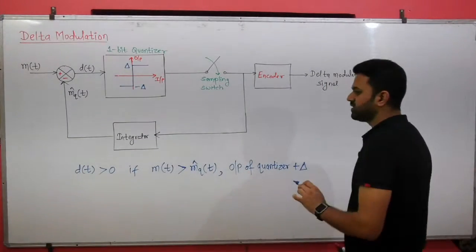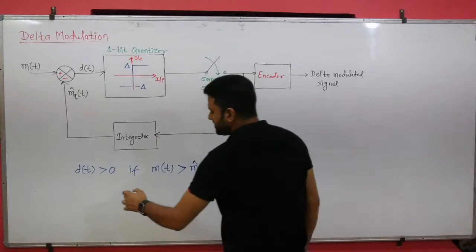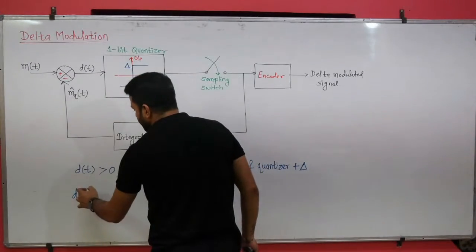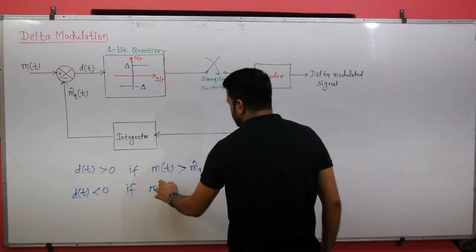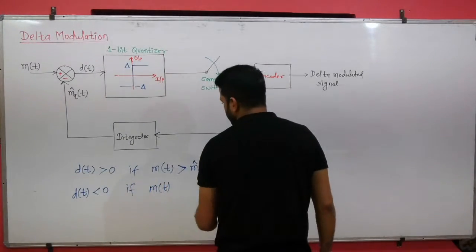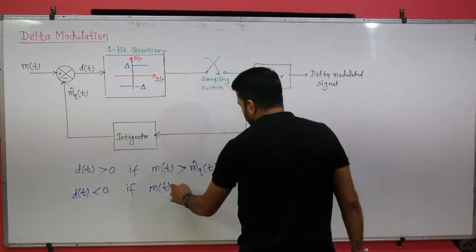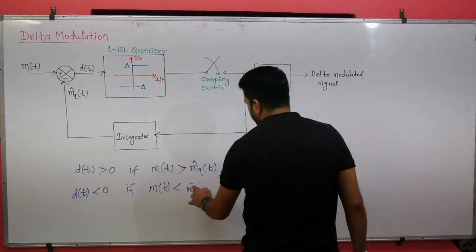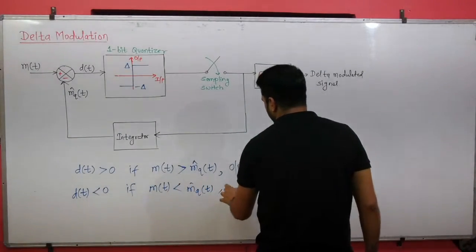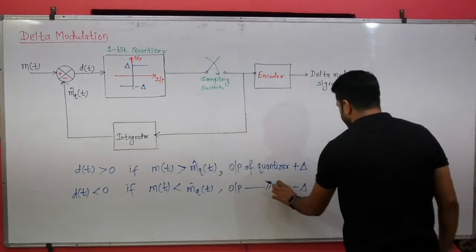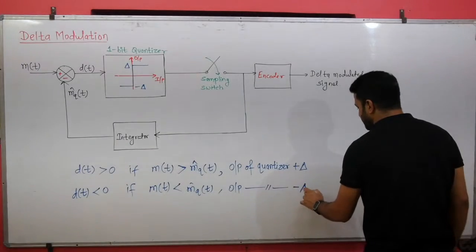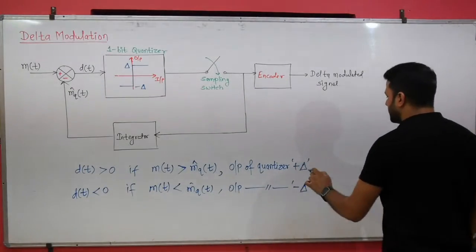And if DT is less than 0, that is if MT is less than MQT, the output of the quantizer is minus delta. Is it okay?